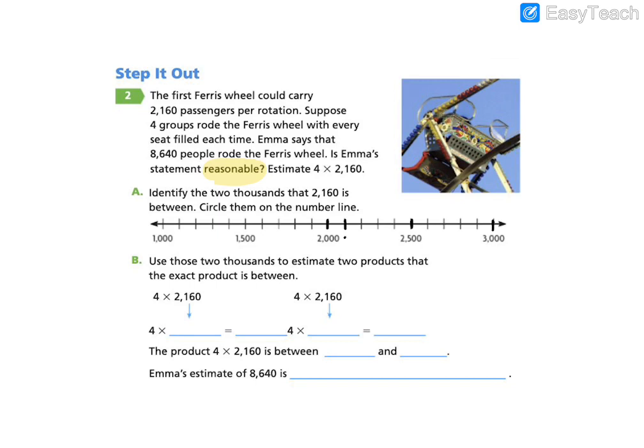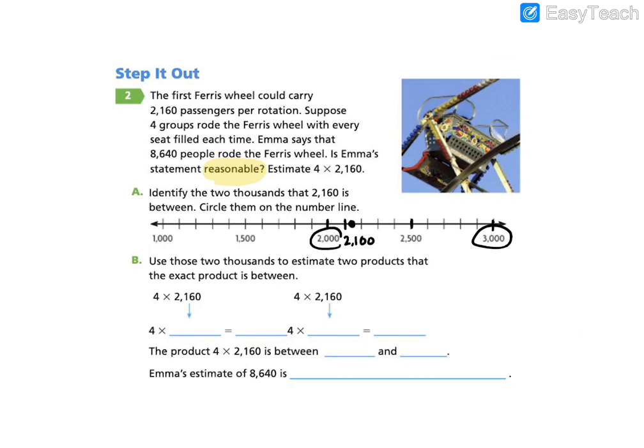So this tick mark here would be 2,100. So 2,160 has got to be right about there, in between 2,100 and 2,200. So which thousands is 2,160 between? 2,000 and 3,000.